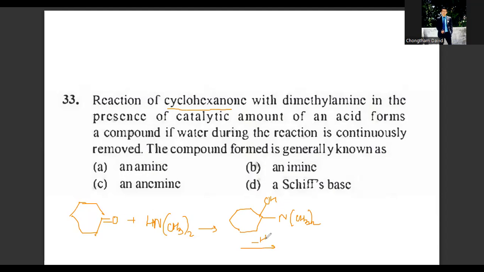Further dehydrate this, water will be removed, condensation takes place. This bond will be given here, and this OH will be gone as a water molecule. Finally, you have N(CH3)2. So what is the name of this structure? It has a double bond, so we call it enamine. Okay, so the name of this compound we will call enamine.